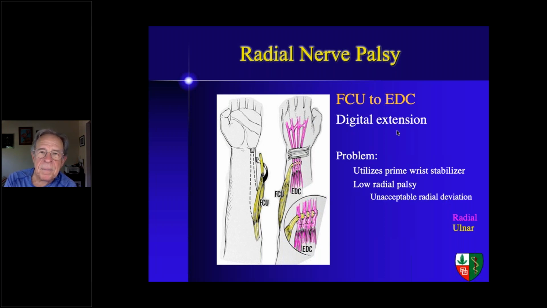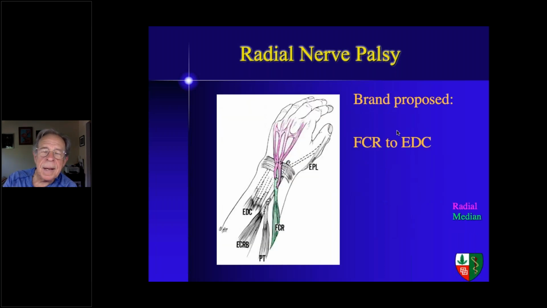Others have said that this utilizes one of the prime wrist stabilizers, the FCU, and in a low radial nerve palsy, this may lead to even more unacceptable radial deviation. And so Brand proposed transferring the flexor carpi radialis to the extensor digitorum communis, leaving the FCU in place for its power.